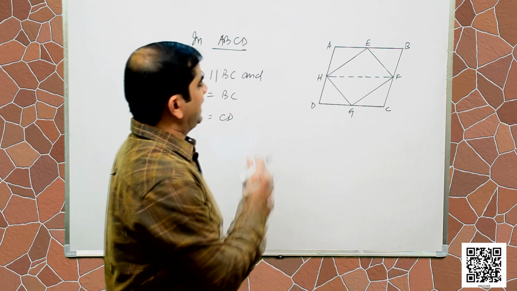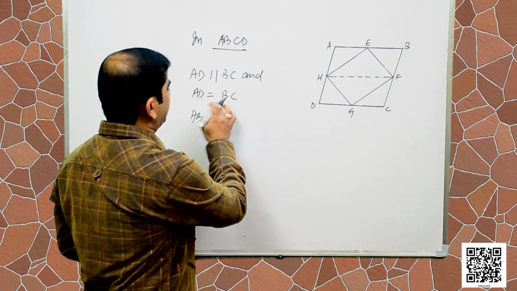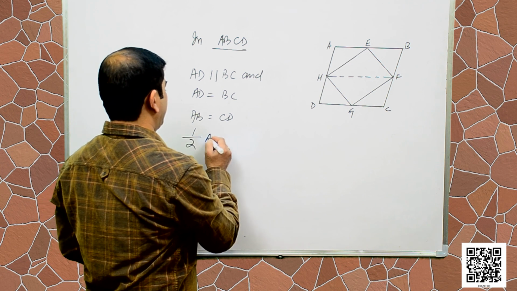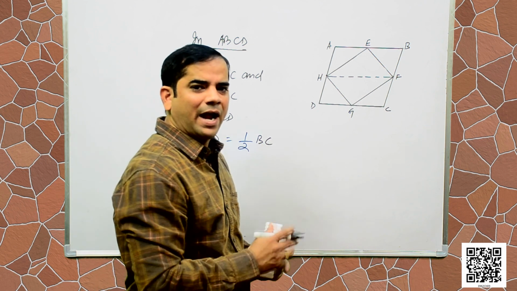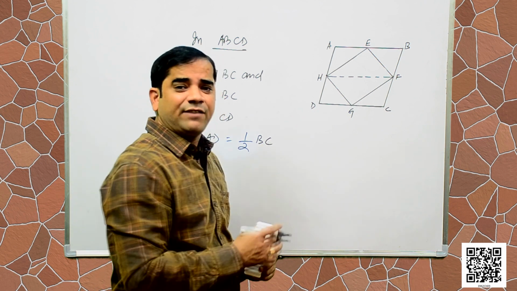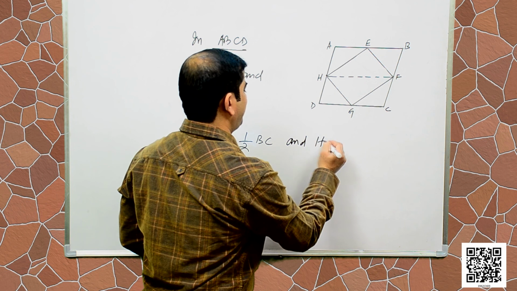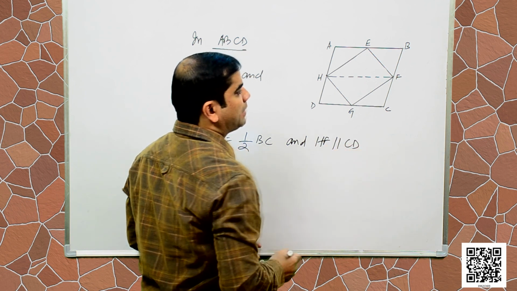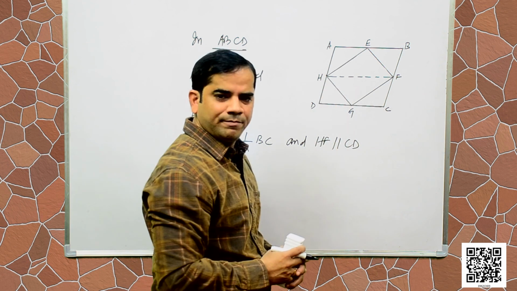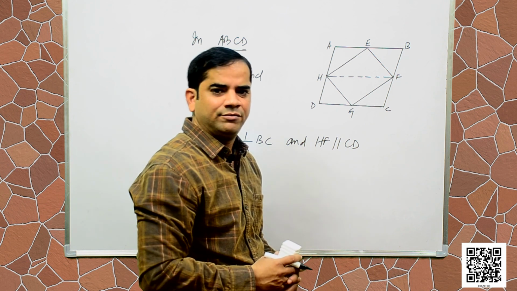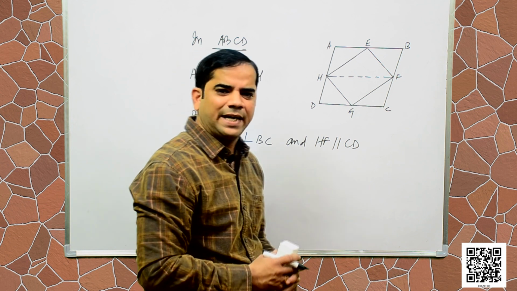So, half of AD is equal to half of BC because AD is equal to BC. Okay. And in this case, HF is parallel to CD because we have joined the midpoints of AD and BC and named them HF. So, as AB is parallel to CD, HF is also parallel to CD.